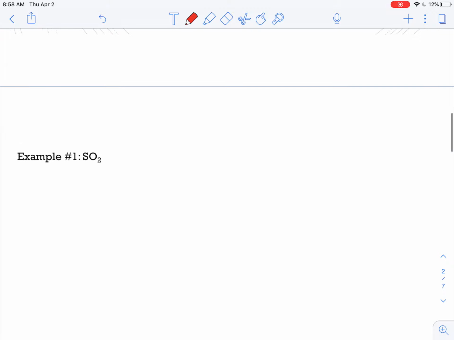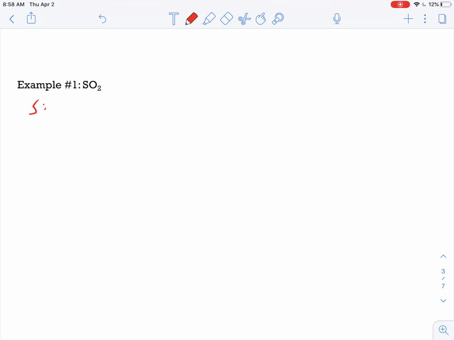So we're going to begin by looking at our example of SO2, sulfur dioxide. The first thing we're going to say is, if we look to our periodic table, we're going to see that sulfur is in group 16. Therefore, because it's in group 16, it's going to have 6 valence electrons.